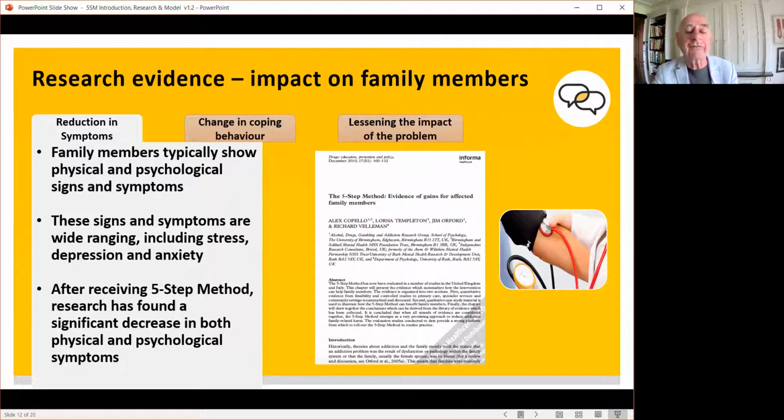And what we know is, after receiving the 5-step method intervention, researchers found a significant decrease in both physical and psychological symptoms. And there's a copy of a paper here looking at and summarizing some of the evidence of gains for affected family members. All of these resources are on the website.